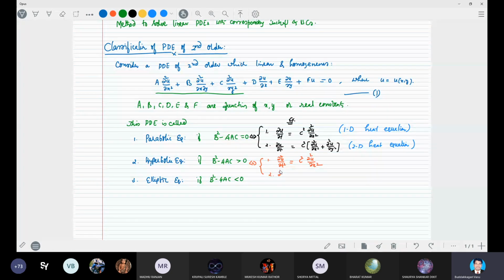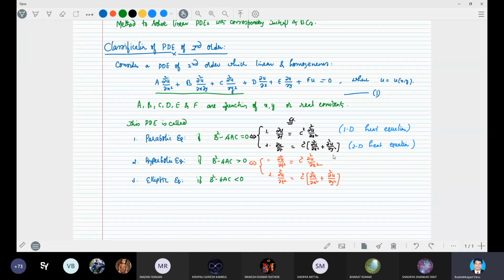Number 2, dou square u by dou t square is equal to c square into dou square u by dou x square plus dou square u by dou y square.